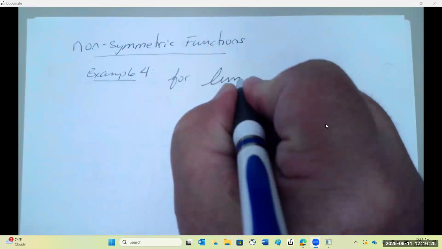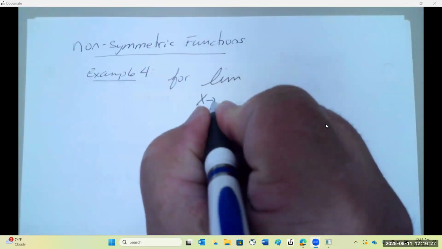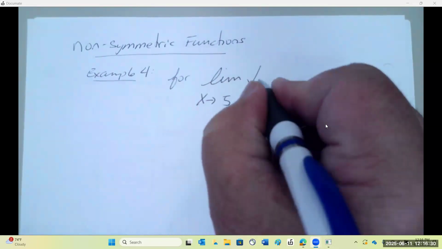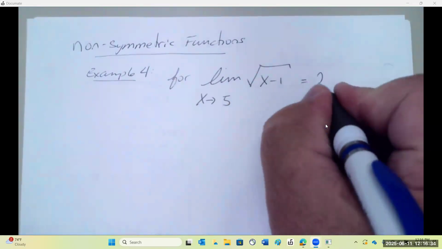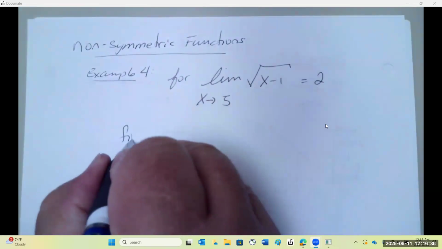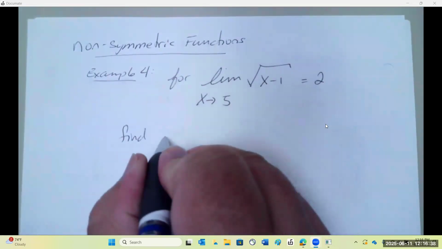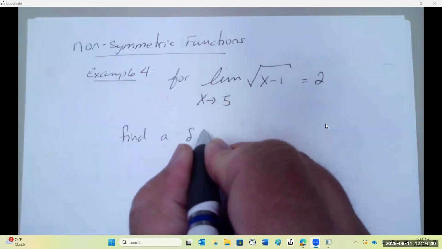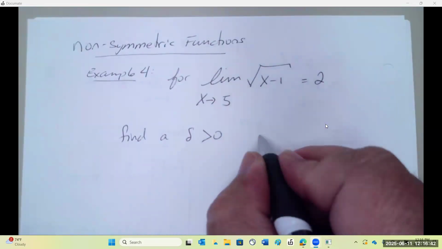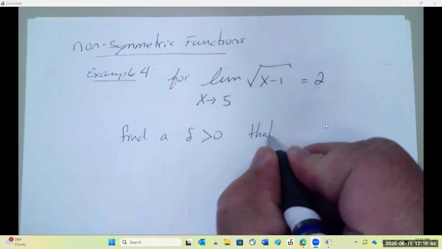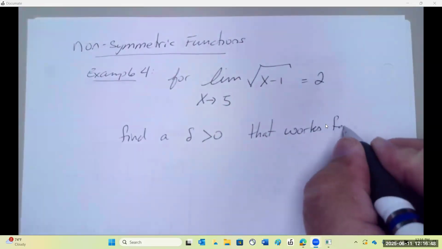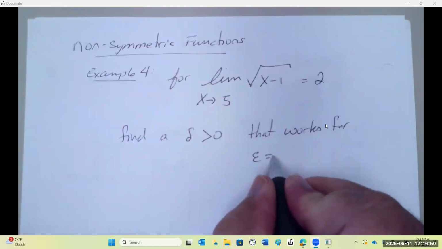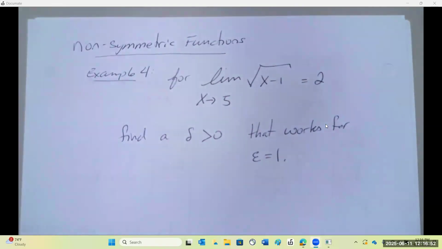For the limit as x approaches 5 of the square root of x minus 1 equals 2, find a delta greater than 0 that works for epsilon equal 1.